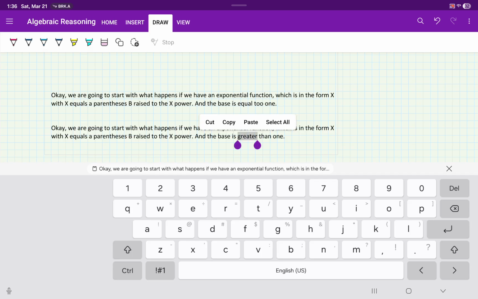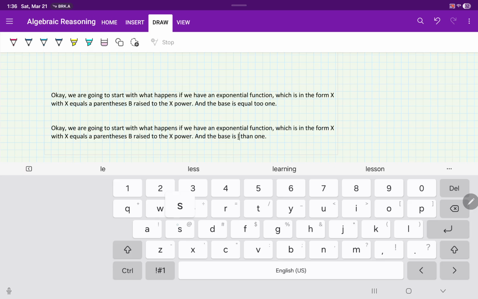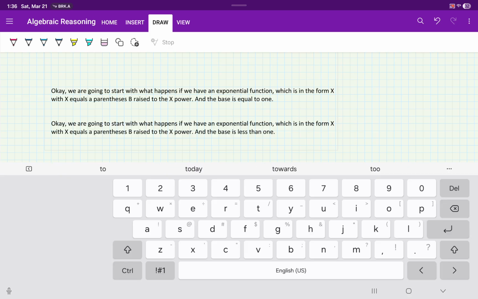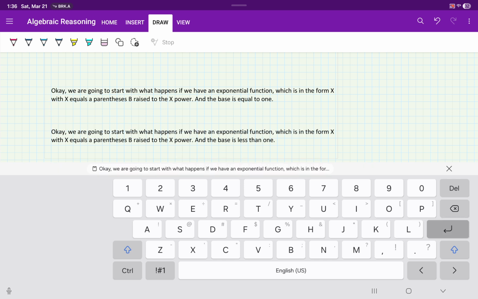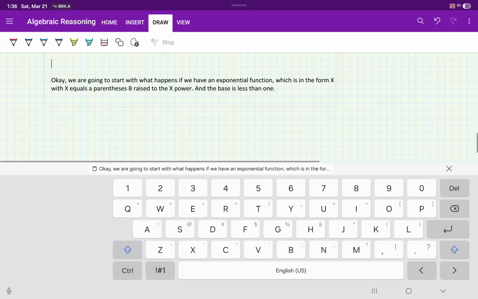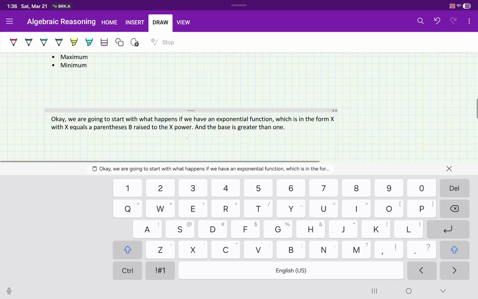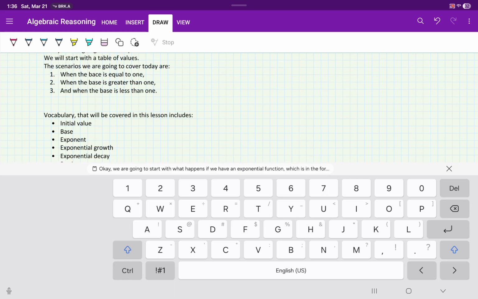Okay, so those are all my 3 scenarios. I'm going to put in some more spaces here, and I don't want double rows. Alright, now I have this set up the way I want, and we're going to go through.